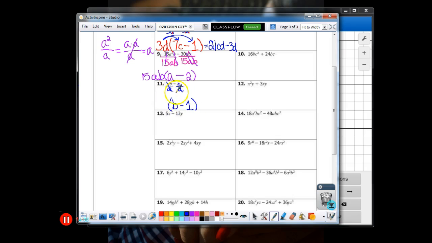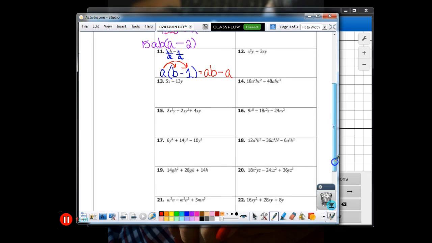So I divided by a, so that's what goes on the outside. And if you distribute, this becomes a times b, and then a times negative 1 is negative a.